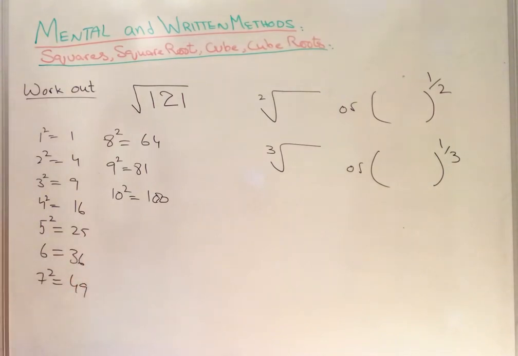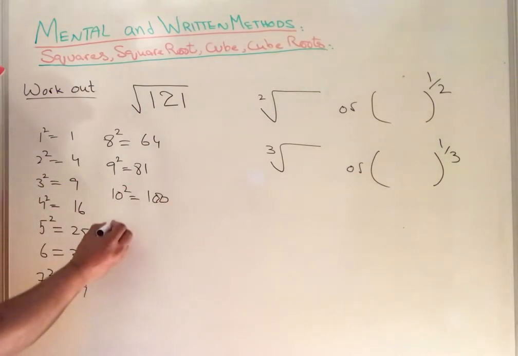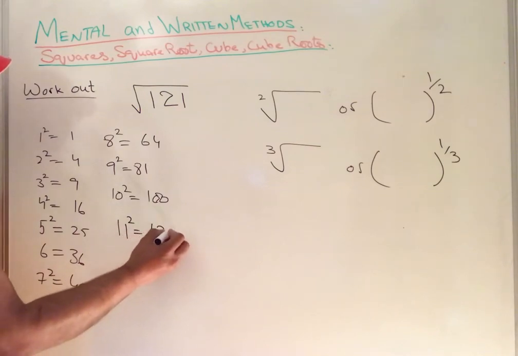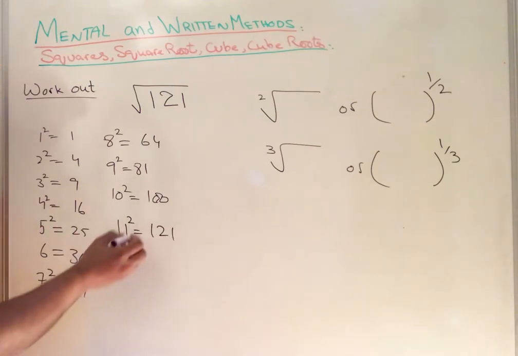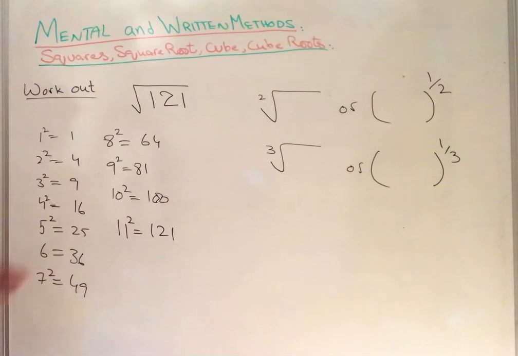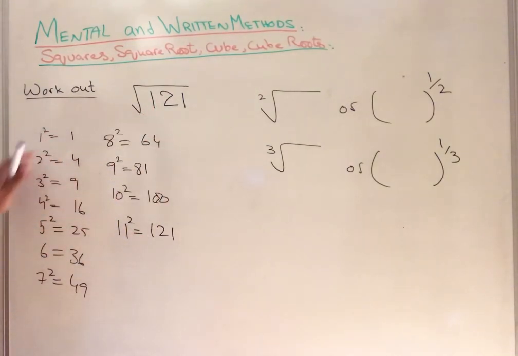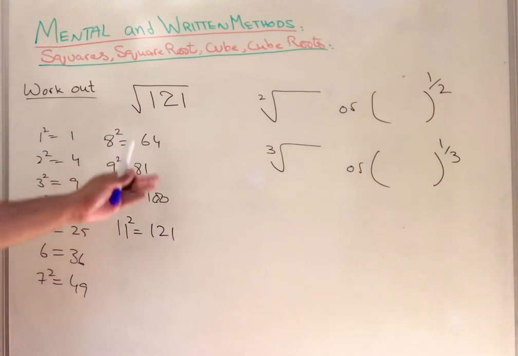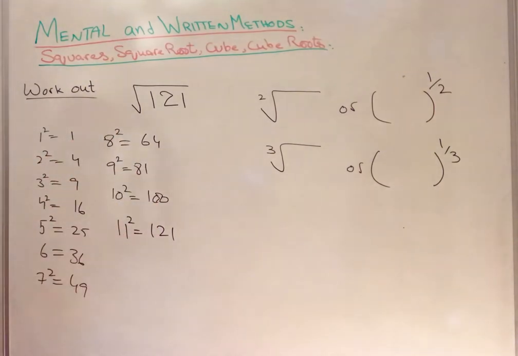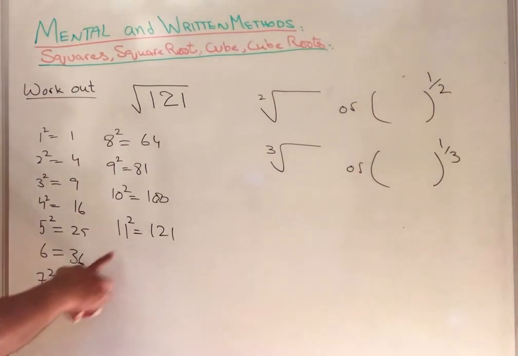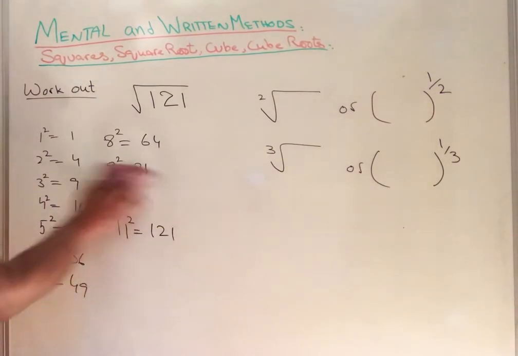So as we know that, because that's more than 100, once you know these, you don't need to do them again. So 11 square is 121. If any value is more than 100, we don't need to do these again. We will start from further on, like 11, 12, 13, 14, like that. So we write down here, 11 square is 121.